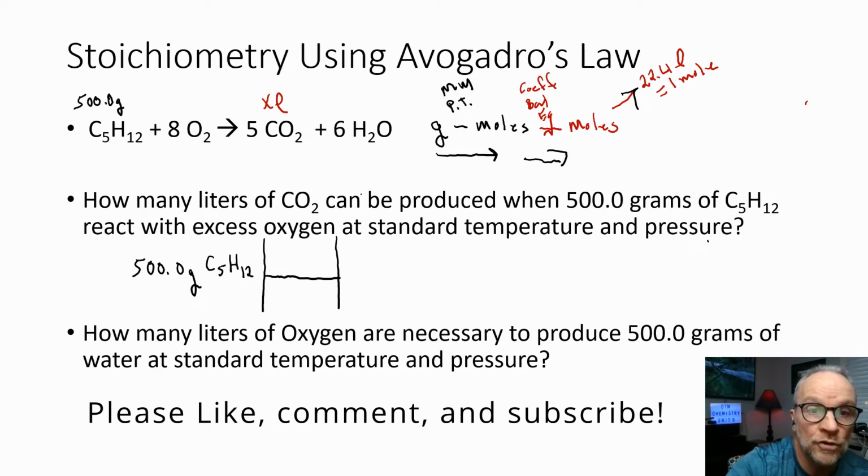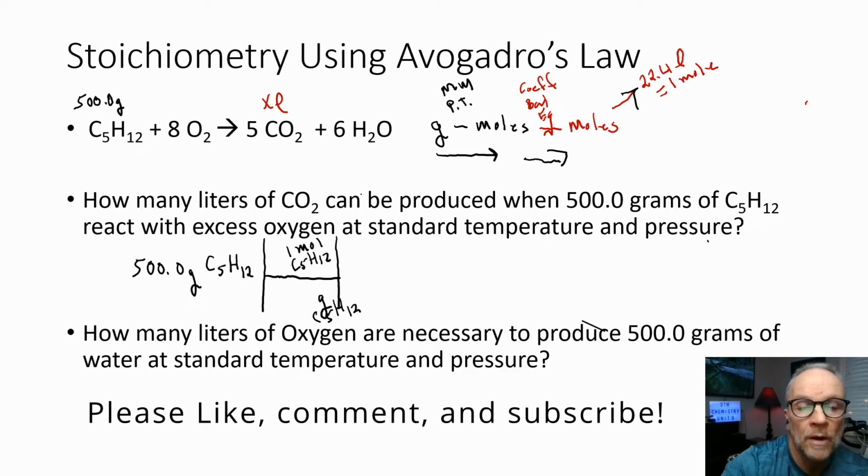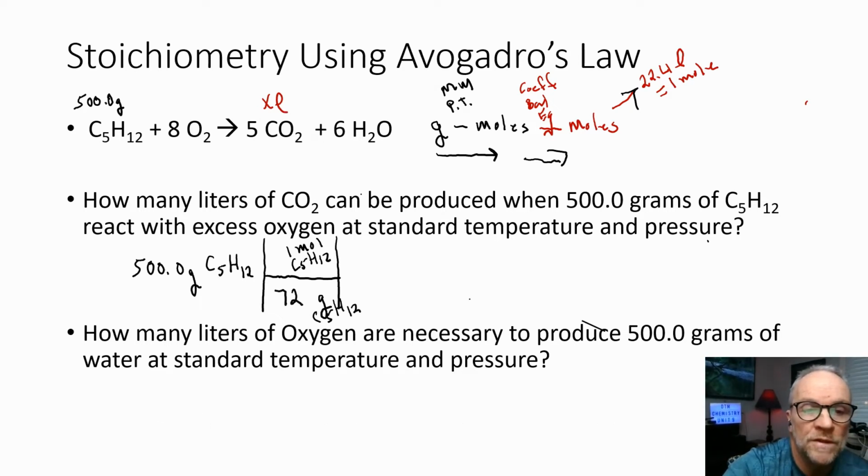So here we'll have grams of C5H12 for every 1 mole of the same. And to save ourselves some time, I went ahead and calculated the molar mass of C5H12, and that is going to be 72 grams. Alright, so maybe we'll go ahead and do that on this first one.